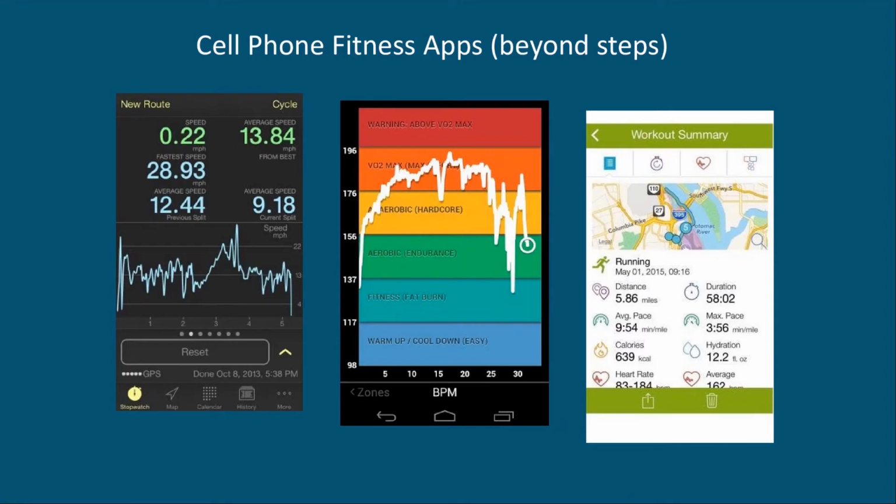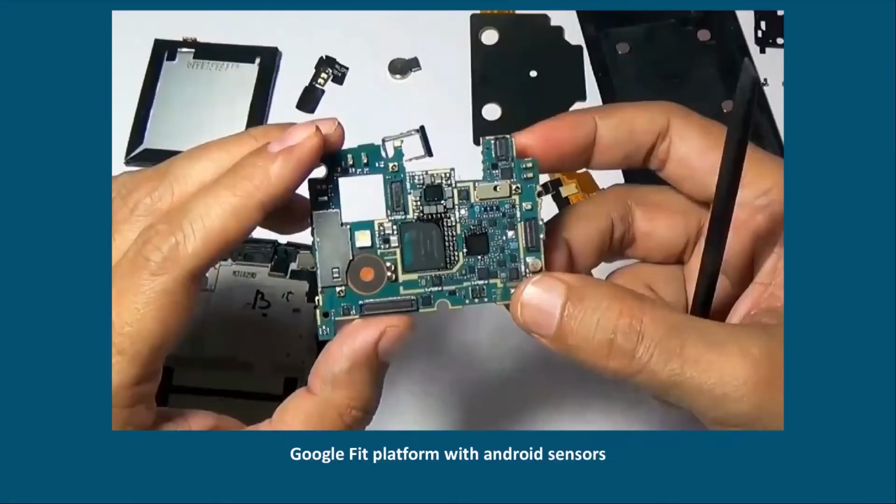So let's talk about some of the fitness apps. We'll talk only about two really, and that would be Google and iPhone and Apple. Google Fit has a platform. This takes up only about 15% of the cell phone, yet this is a miracle.